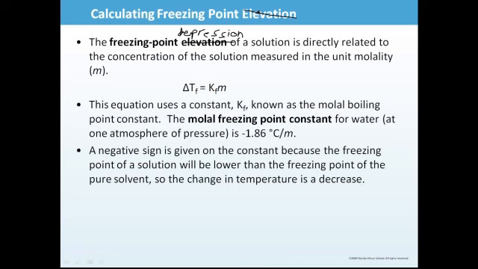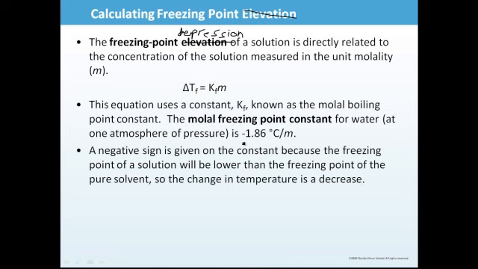And again, it is also directly related to the number of particles. So when we look at the formula here, very similar formula, delta TF equals KF times the molality. Again, KF in this case is the molal freezing point constant, and it is negative 1.86 degrees Celsius per molal.